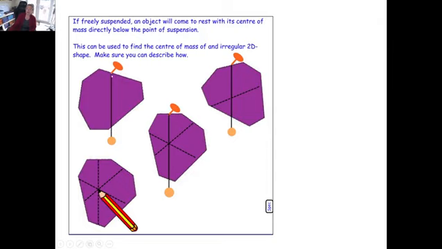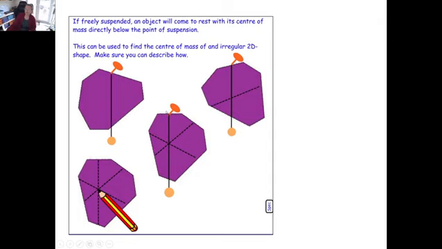So if you had this piece of card and you were trying to determine its centre of mass, if we freely suspend it from one particular point, so if we put a pin in there and we let the object move until it came to rest, then we would know the centre of mass must be somewhere along that line that goes straight down. If we then move the object and pin it at a different point and let it move back and forth until it comes to rest, then again the centre of mass must be along this line which is going straight down.